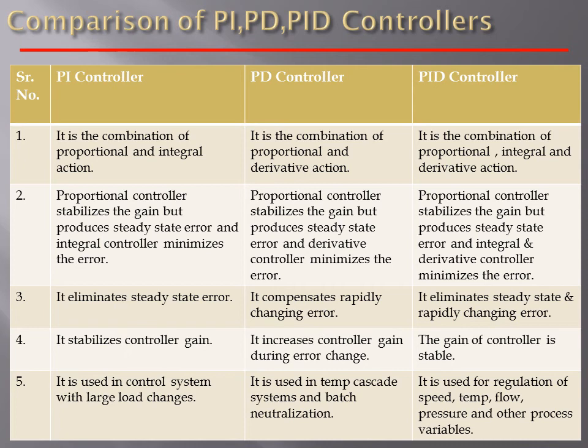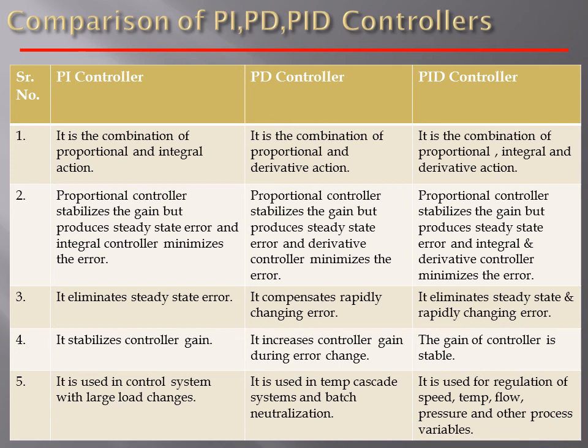Then in PI controller, proportional controller stabilizes the gain but produces steady state error, and integral controller minimizes the error. In case of PD controller, proportional controller stabilizes the gain but produces the steady state error, and derivative controller minimizes the error. While in PID controller, proportional controller stabilizes the gain but produces steady state error, and integral and derivative controller minimizes the error.